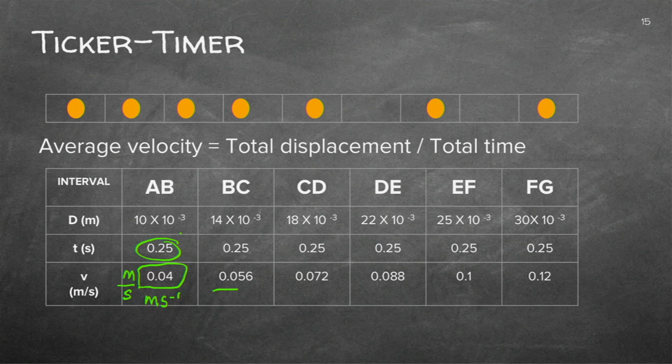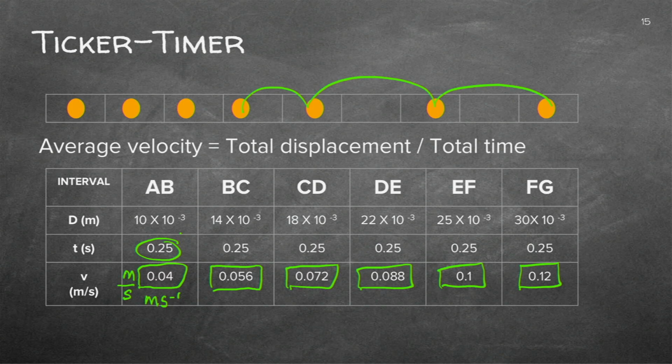And now you see you've got the speed increasing. And that actually was indicated with the dots being further apart. So you've got different speed or velocity as you worked it out in your table.